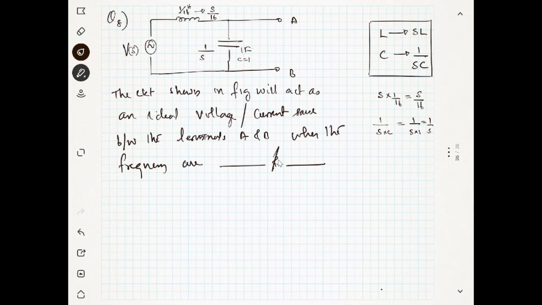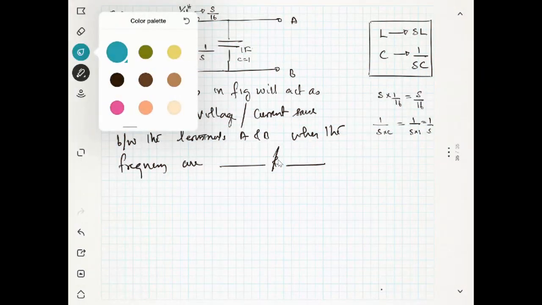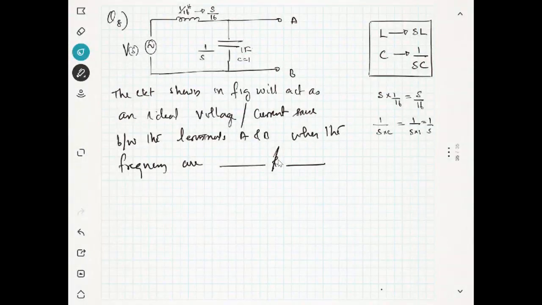That means the question is, you have to find at what frequency this will act like an ideal voltage source and fill it here, and an ideal current source, fill it here. At what frequency, at what omega. This is an AC circuit, and an AC circuit will always have frequency, right?